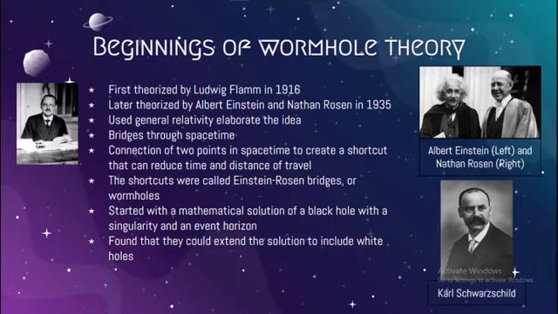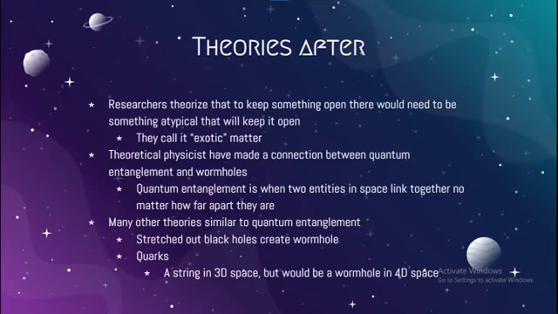There are many theories revolving around this idea that was theorized by Einstein and Rosen back in 1935. There's one theory where humans thought it was possible for wormholes to be created. In order to do this, they would need something with negative mass, to go against the gravitational attraction that is present.